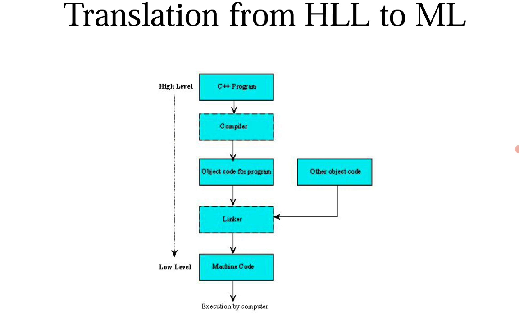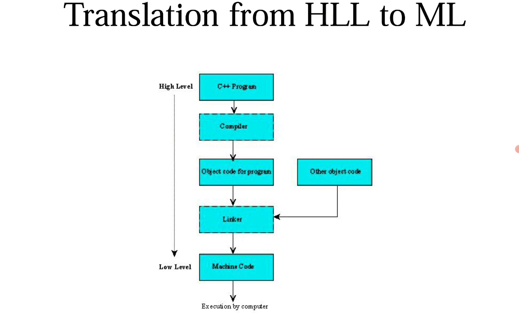At the top level, we may use various high level languages like C, C++, Java, BASIC, DBase and so on. And at the bottom level, we may use machine language, executable files, .exe files or .com files.